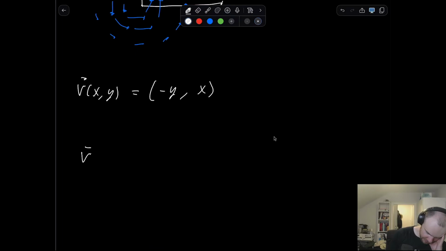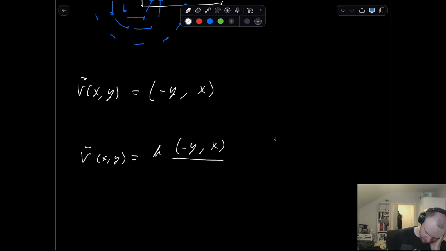If, for example, v of x and y was equal to some constant, I just call it k because from what we had, and then I could do the same thing. I can have minus y comma x like that.